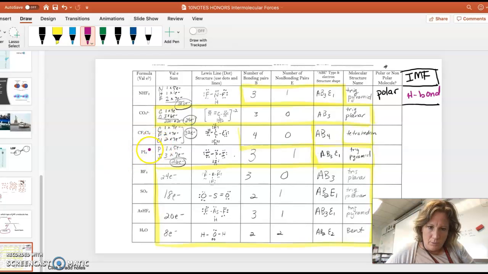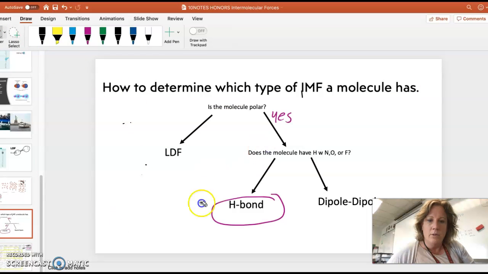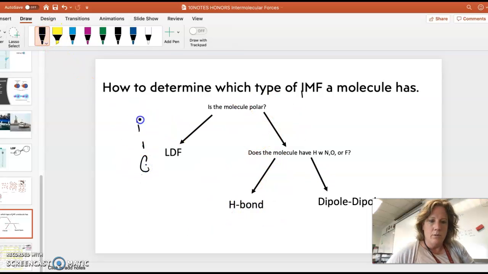Let's do this one. So CF2Cl2. Just assume that I have my electrons around my chlorine and fluorine. So I ask myself, is this a polar molecule?